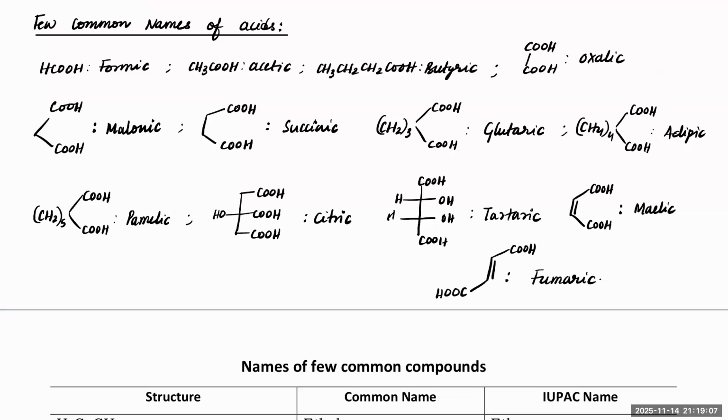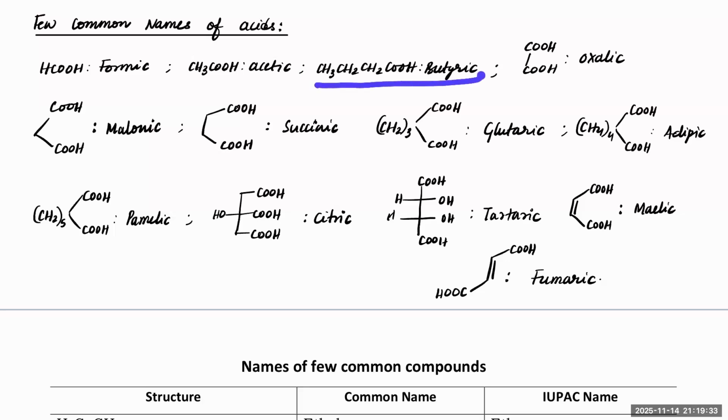Next is dicarboxylic acids, where you have multiple COOH groups, and what common names are accepted as IUPAC names also. For example, formic acid, which is methanoic acid, but formic acid is also accepted as an IUPAC name. Next, acetic acid. Acetic acid is only used as a common name. The IUPAC name is ethanoic acid.